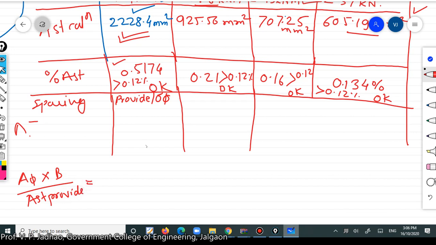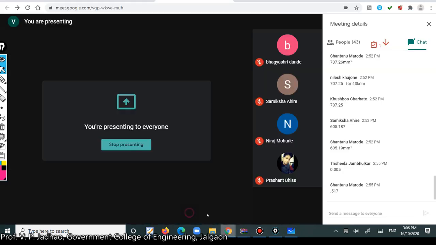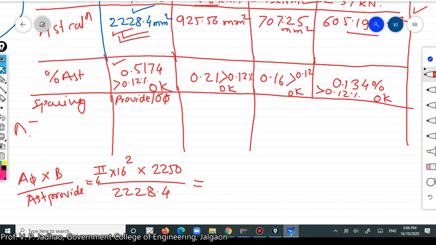So for this 2228.4 mm square AST, the spacing will be, just put the formula here, area of one bar, we are providing 16 mm bar, therefore pi by 4 into 16 square, this is the area of one bar, and width of column strip is 2250 mm, divided by 2228.4.